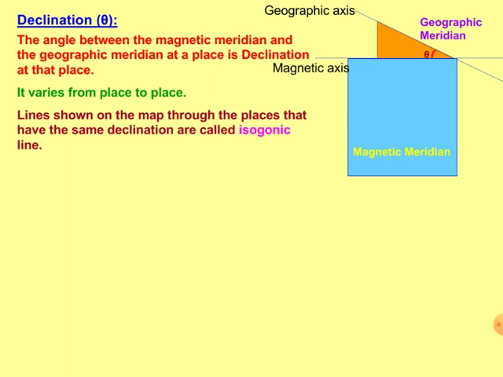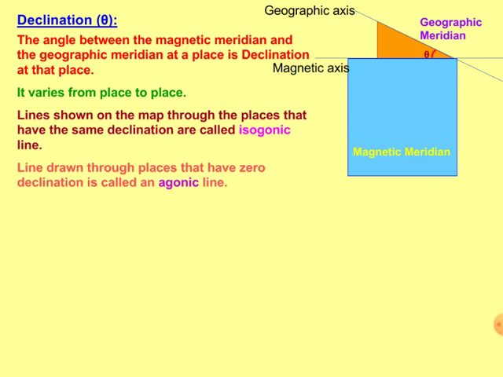And the lines drawn on the map where there is zero declination, we call agonic lines. Agonic lines are the lines on the map which join all those points having what? Zero declination. Got it? Now let's go to the dip or inclination.